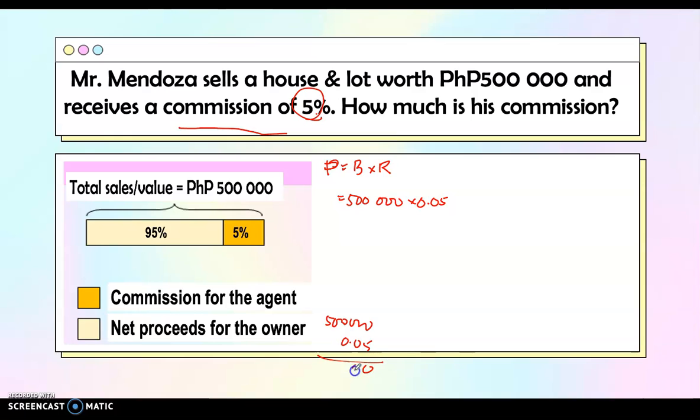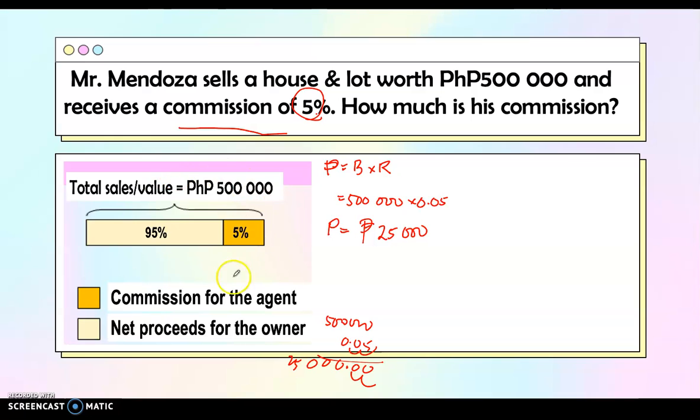We have 25, and then count the decimal places, 1, 2. Therefore, the percentage, or the amount of Mr. Mendoza's commission, is 25,000 pesos. That's what he receives for selling the house and lot on behalf of the owner.